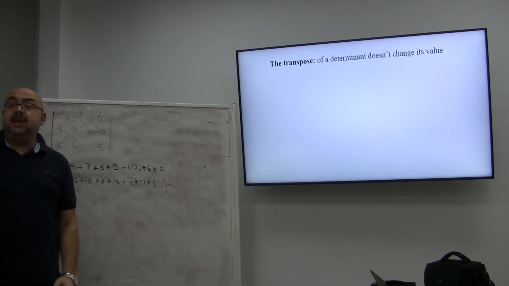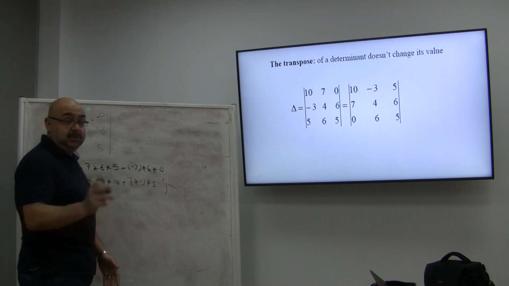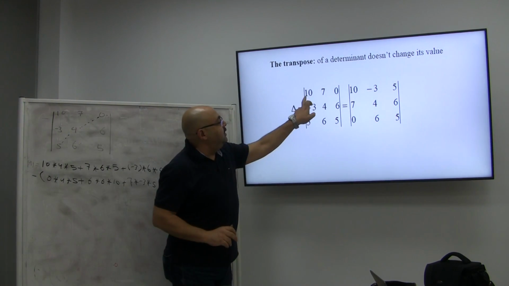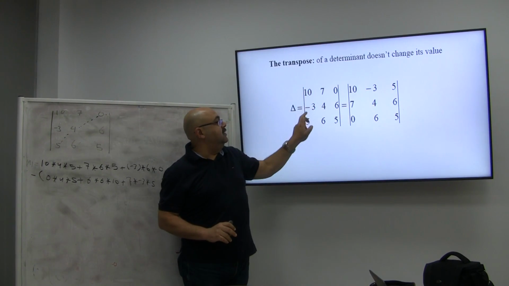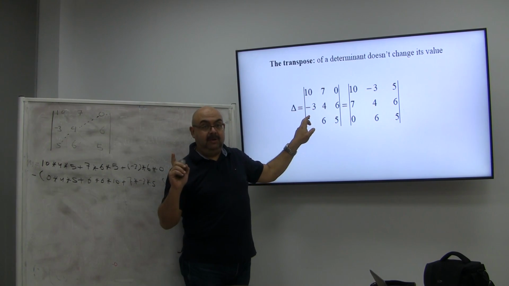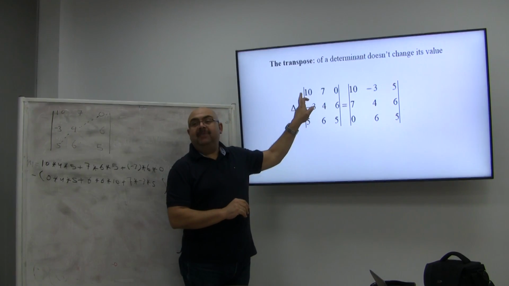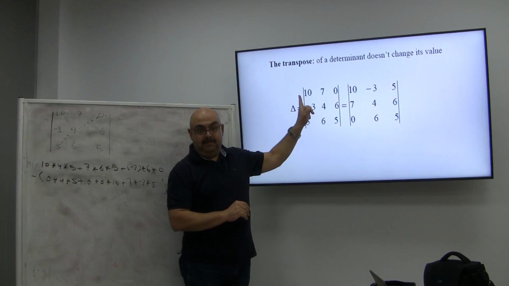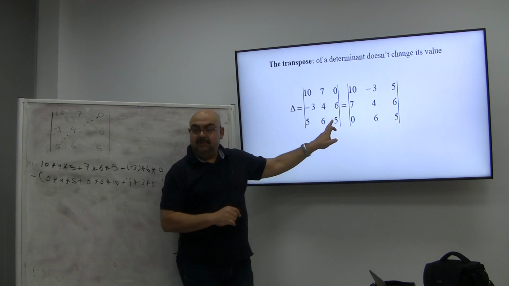طيب الترانسبوز بتاع الديترميننت doesn't change its value. يعني لو انا عندي الديترميننت بص سبحان الله، لو 10 7 0 خليت الرو يبقى كام؟ يبقى 10 7 0. انا عملت ترانسبوز لو انت واخد بالك. تعالى بص لو انا بحسب الفاليو اوف ذا ديترميننت، اول نمبر بطريقه سايز هيبقى 10 times 4 times 5.